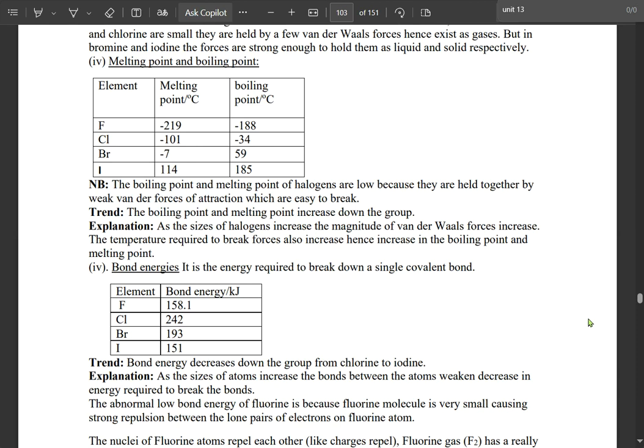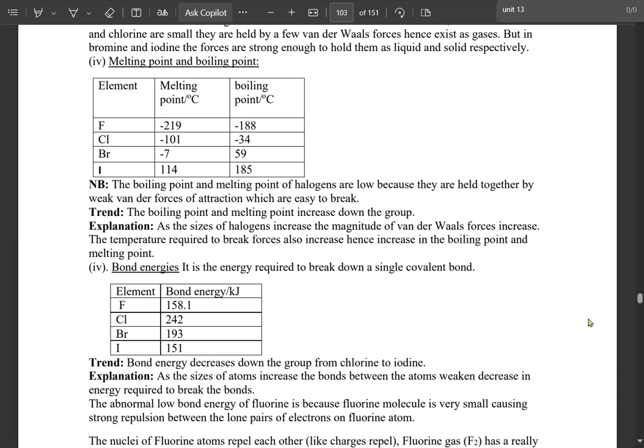It is the energy required to break. If chlorine occurs in a diatomic form, we can break it using some heat. This energy is the energy needed to break fluorine from its combined state to a monoatomic state.